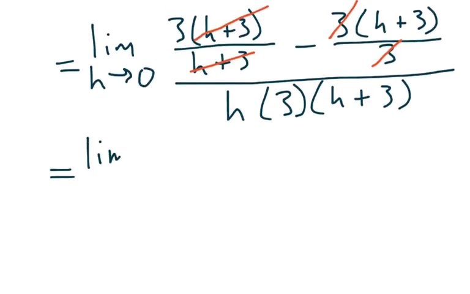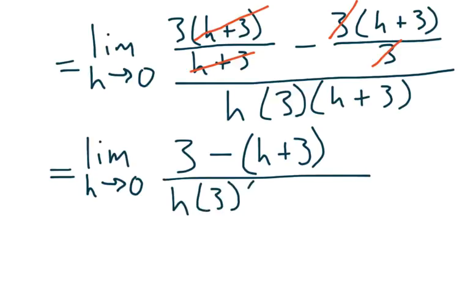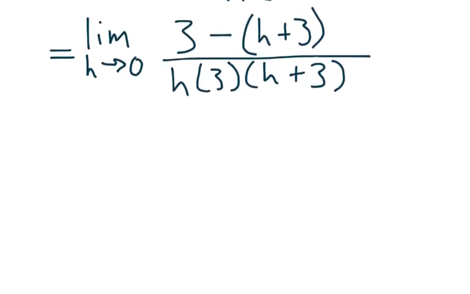We have the limit as h approaches 0 of 3, that's what's left of the first fraction, minus, in parentheses, h plus 3, that's all that's left of the second fraction. This is all divided by h times 3 times h plus 3. The numerator simplifies.